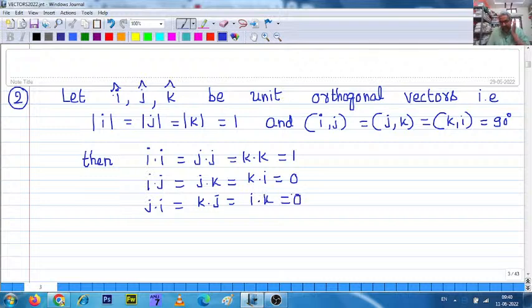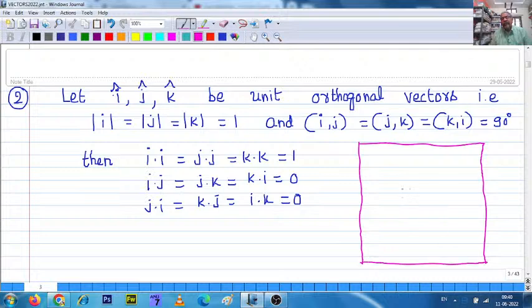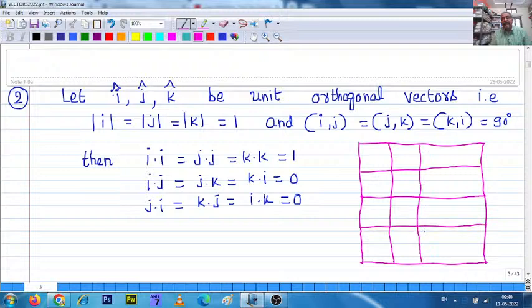So we can remember this one using a table. Let us prepare the table now. With the help of this table, easily the dot product between i comma j comma k we can remember. Now this is i, j, k, this i, j, k. This is the dot product.